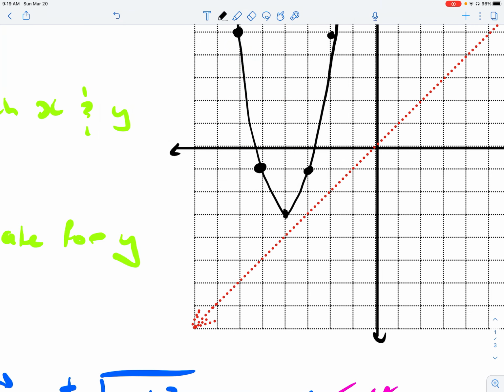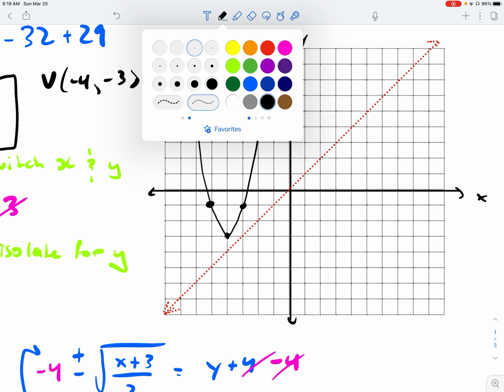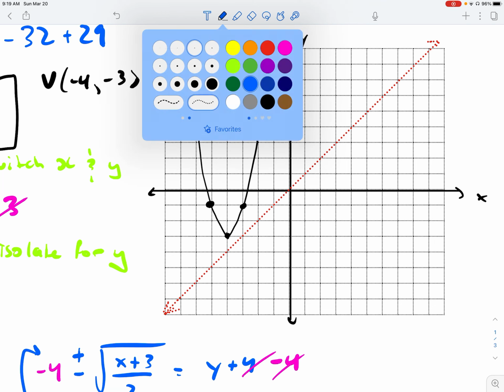Going to clean that point up a bit there. Okay, all right, so let's go ahead and do the inverse for the points. We'll do the inverse in blue.